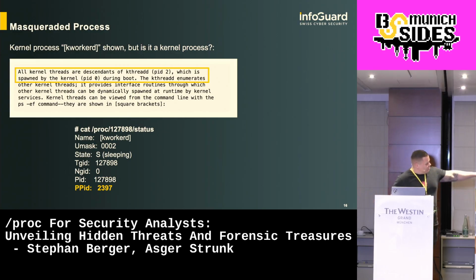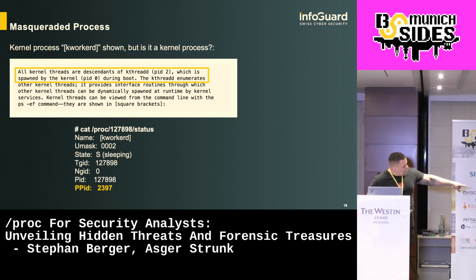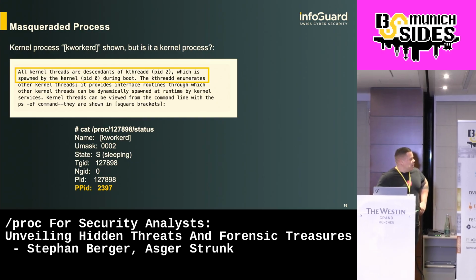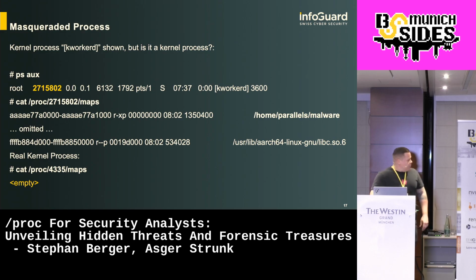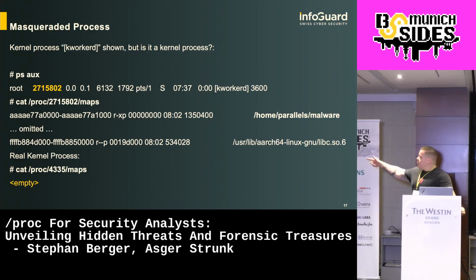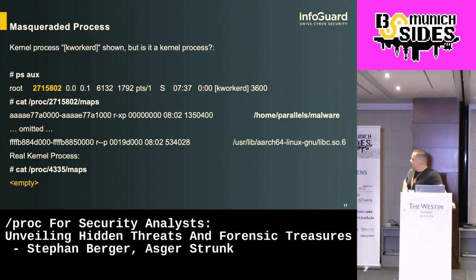So if we just do a cat on the status file, you'll see the PID itself of the process, but you'll also see the PPID, which is the parent ID, and this one is different. So that's probably not a kernel process. That's maybe something else. But the name is kworker, so a little bit weird. The next thing you could maybe detect it on is if you, again, show the kernel process, see kworker, and then do a cat on maps, so the different memory sections being mapped.